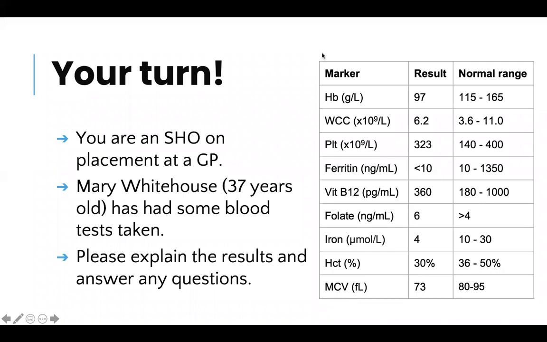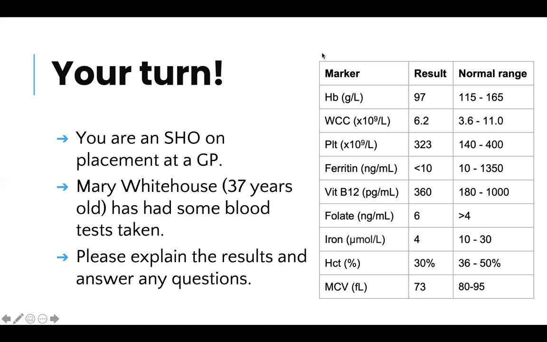So the hemoglobin, are we concerned about that? So I'm getting iron deficiency anemia, a microcytic anemia. Okay, so yes, the Hb is low. That's the first step.